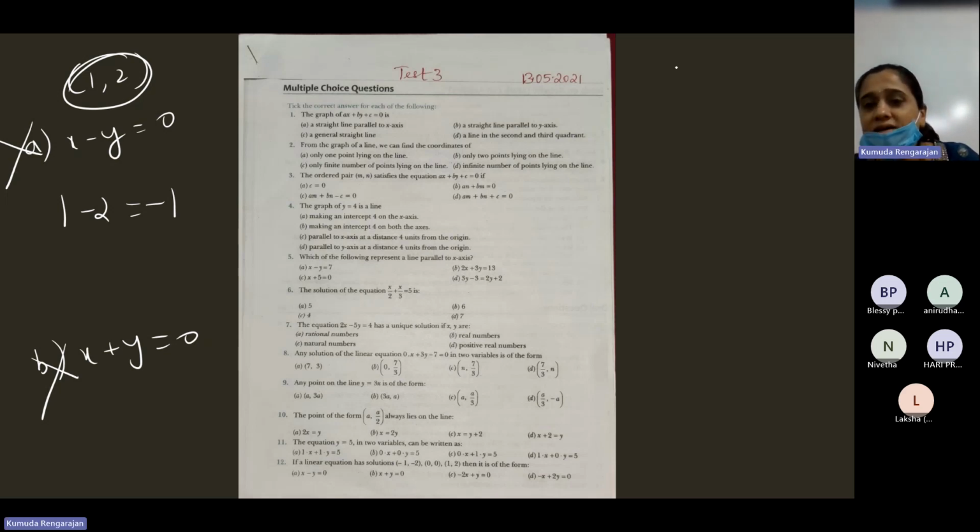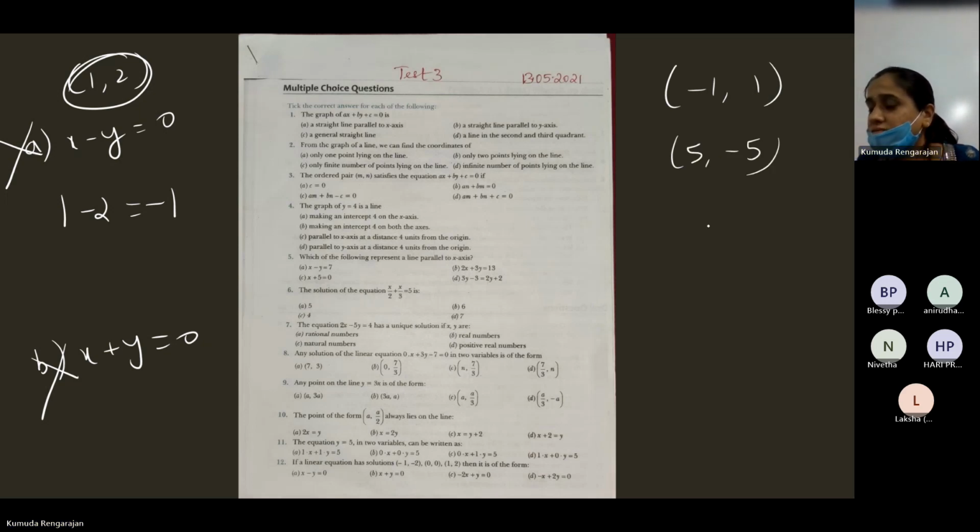If the points are like minus 1, plus 1, minus 5, plus 5, then only the sum will be 0. But the points are like 1, 2, -1, -2. So x plus y cannot be 0. Like that you should check. So the first two we eliminated straight away.